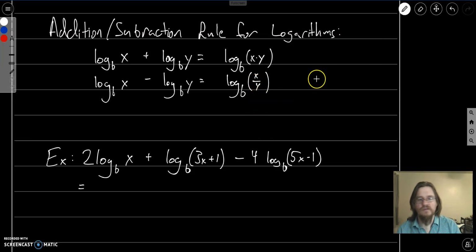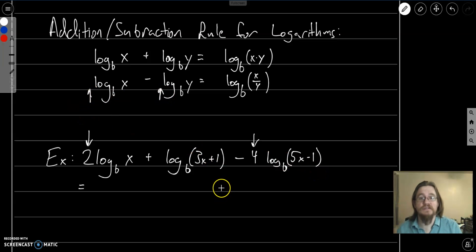So let's put these to use, and let's combine some logarithms into one. So first of all, we've got 2 log base b of x plus log base b of 3x plus 1 minus 4 times log base b of 5x minus 1. What we'll notice first is that we've got some coefficients out here. Coefficients are going to cause problems because nothing up here has coefficients.